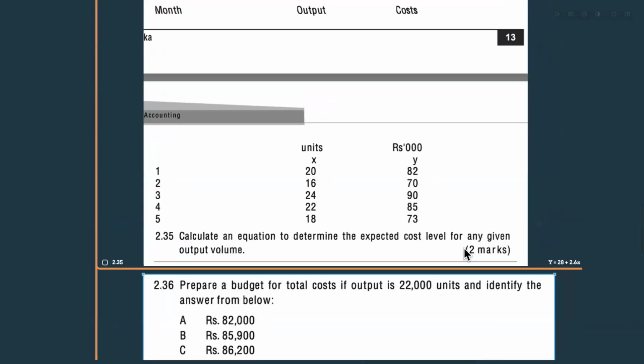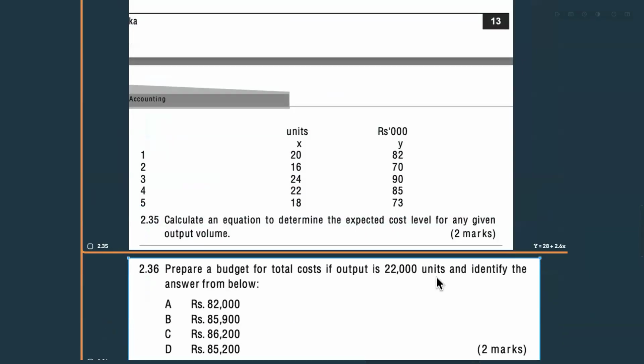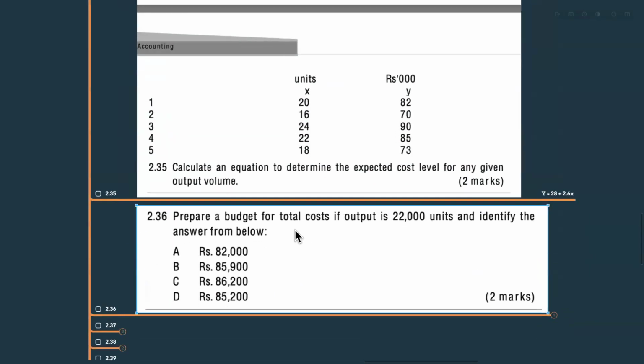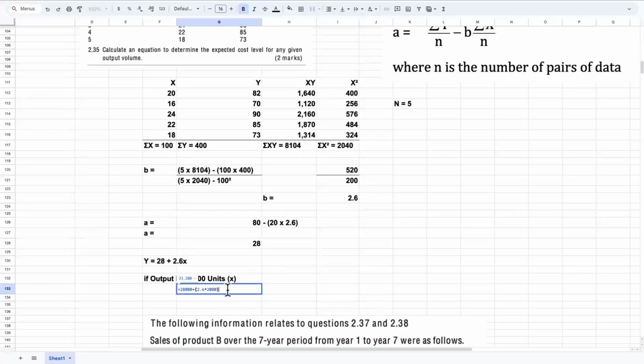Is it the same question we are dealing with? Prepare a budget for the total cost if output is 22,000 units. Sorry, here I put 2000 units, but it is 22,000 units.